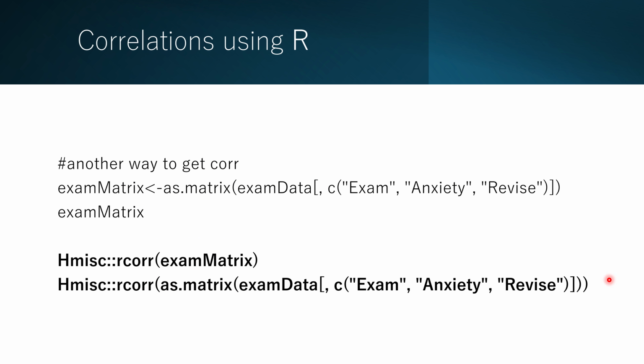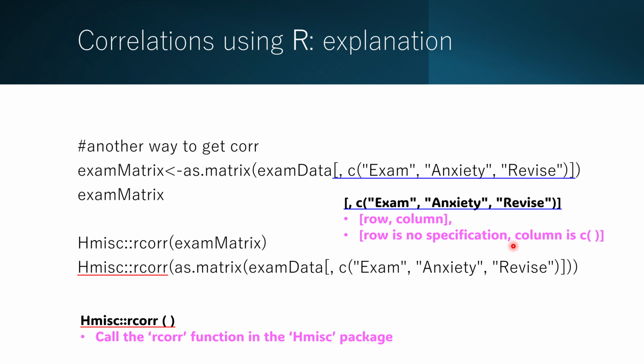Okay, next, another way to get correlation. Next, we use the Hmisc rcorr function on the exam matrix. This is more convenient, I think.